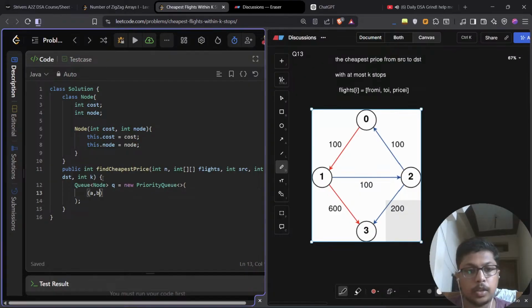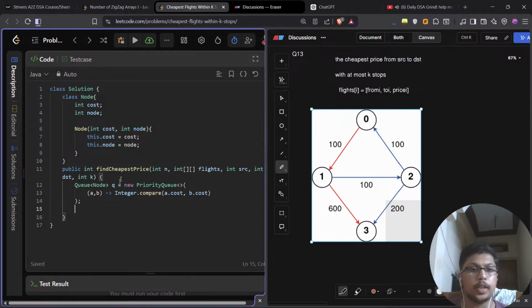So I will put the comparator over here, on this cost and the other cost. Okay, so do I have any other things?